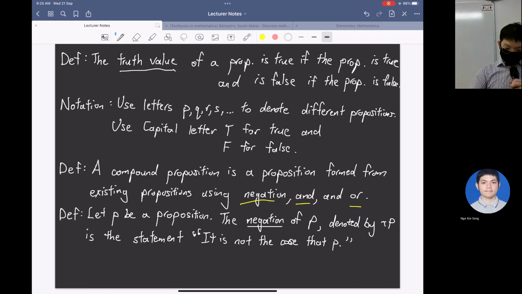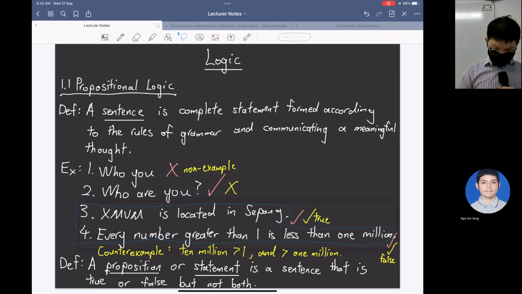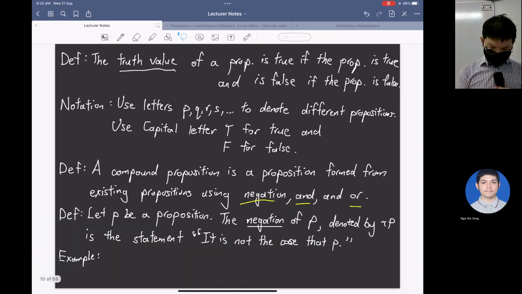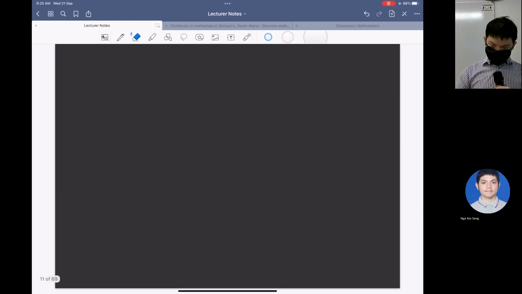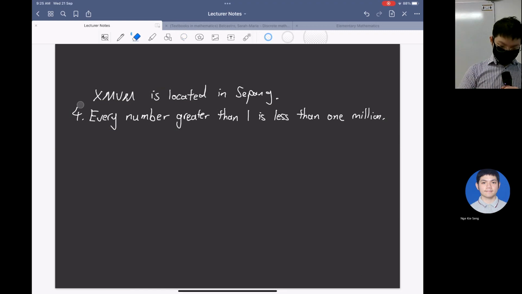Okay. So examples. I'll give you an example. Let me copy this statement to here. Maybe I go to the other page. Okay, so example, let P equal to this.